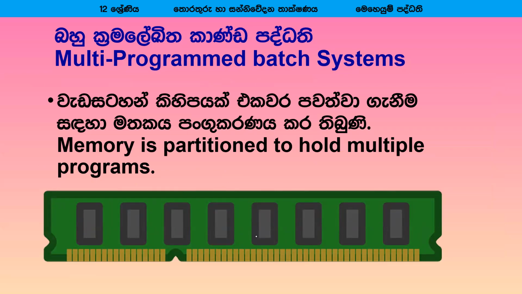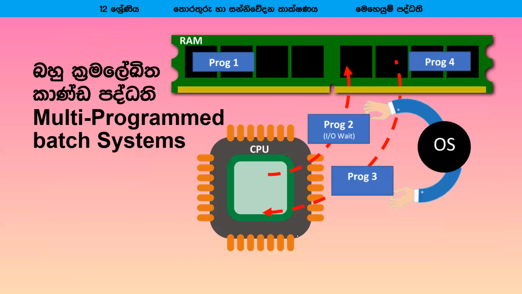So to do this, the memory was partitioned into several different sections, and they could store the programs inside those partitions, right? Then, like I said, when the operating system needs to run things in the CPU, it will take the things and run them inside the CPU.